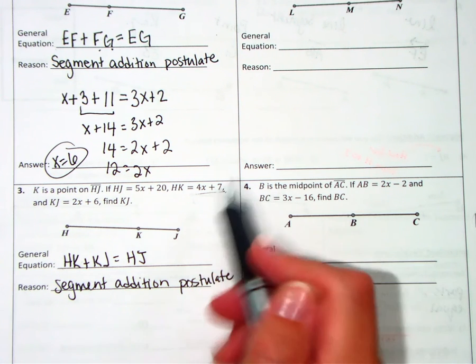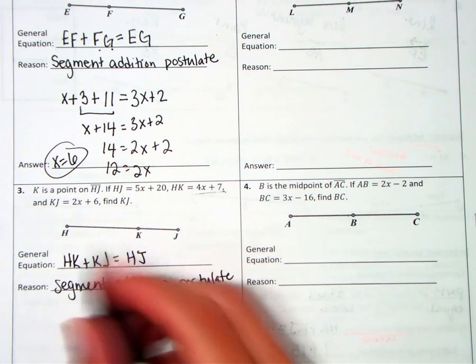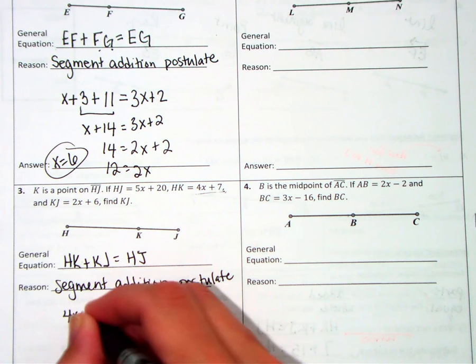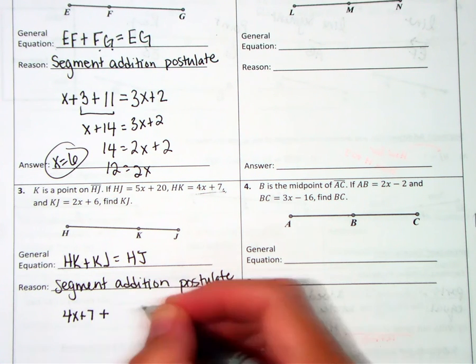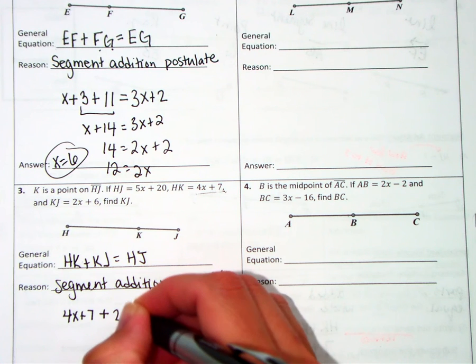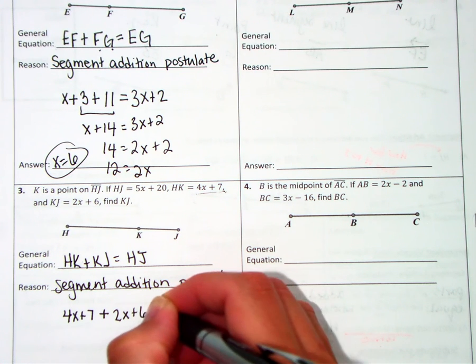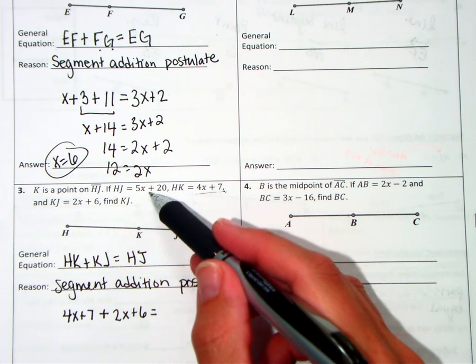So that's not this first one. So it's not in order. So you got to find where it is so that you make sure to put it in for the right segment. 4x plus 7 plus. Now find KJ, which is 2x plus 6, equals, and then the whole thing, HJ was the first one listed, 5x plus 20.